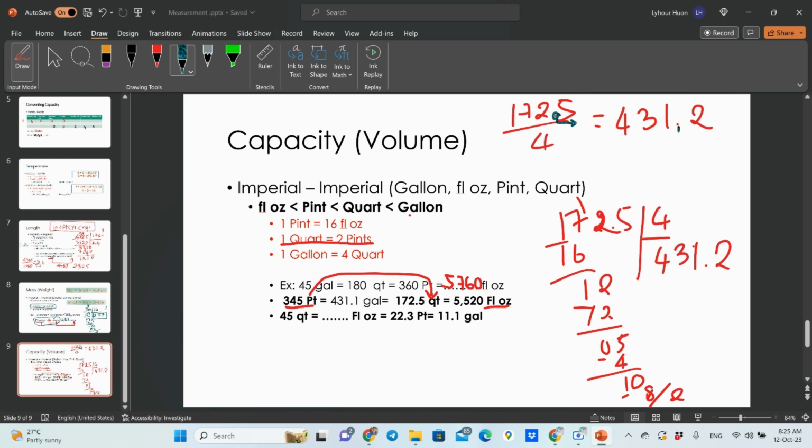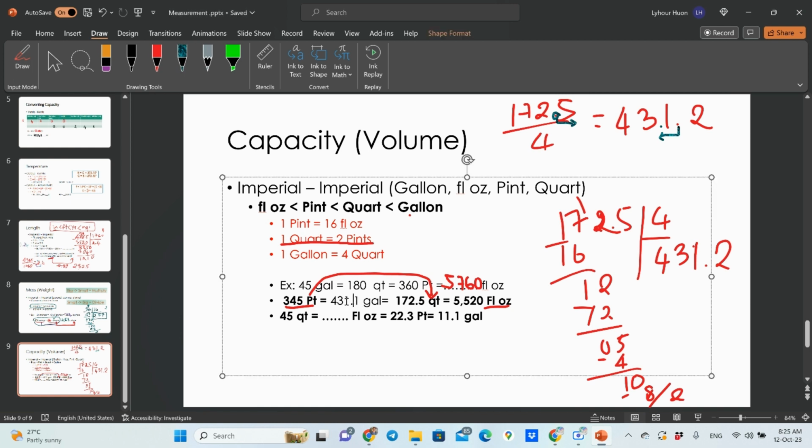We shift the decimal by one digit, so the answer is 43.12. Yes, it's almost correct. I think it's very difficult to give you the grade, but this is not correct, but almost correct.